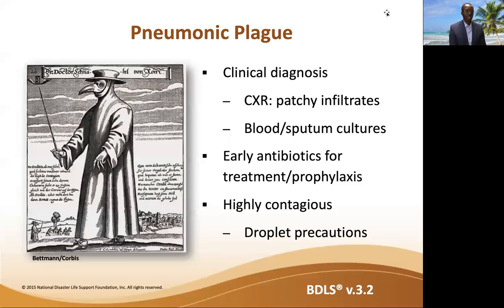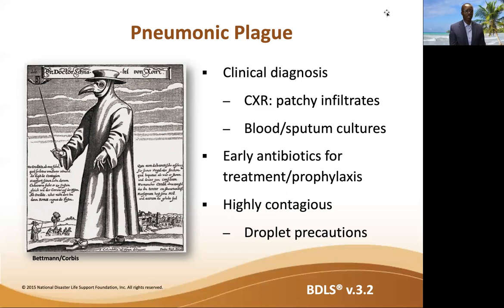The diagnosis of pneumonic plague is clinical. Your high suspicion can be aided by a chest X-ray with patchy, fluffy infiltrates and positive blood and sputum cultures. Remember that cultures may take days to weeks to get a result.